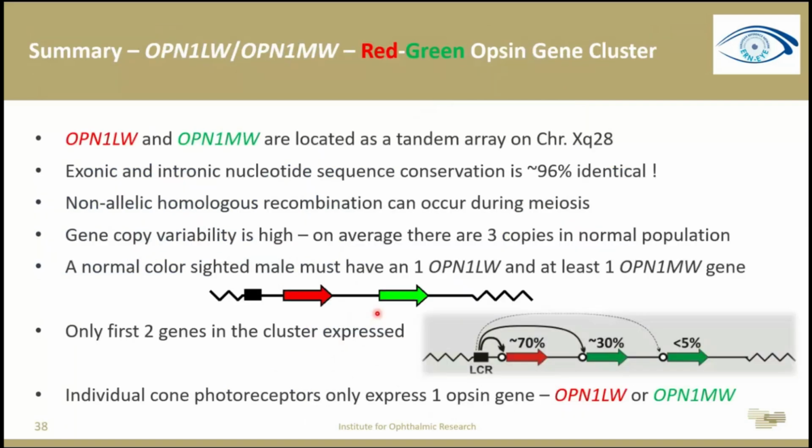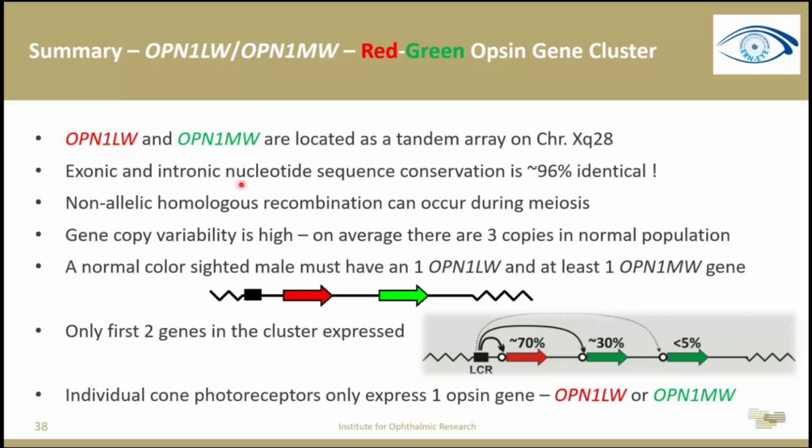And with this, I will summarize. Keeping in mind, with relation to blue cone monochromacy and Bornholm eye disease, we have to understand that the OPN1LW and MW genes are located on the X chromosome as a tandem array.